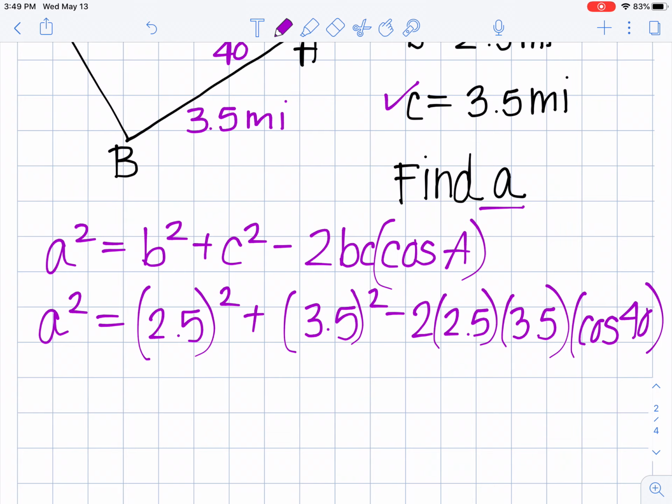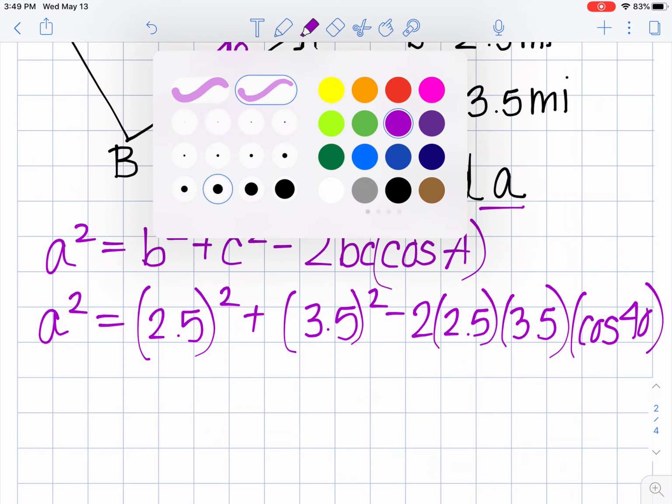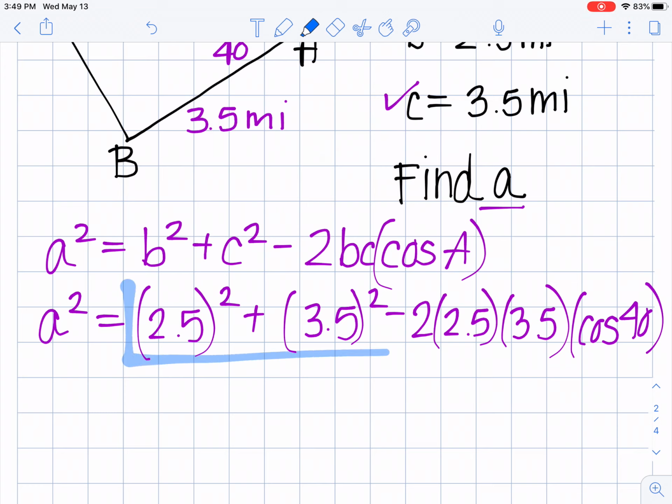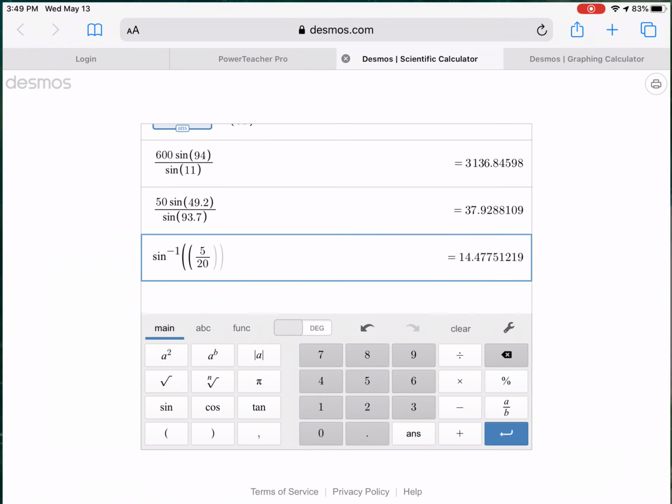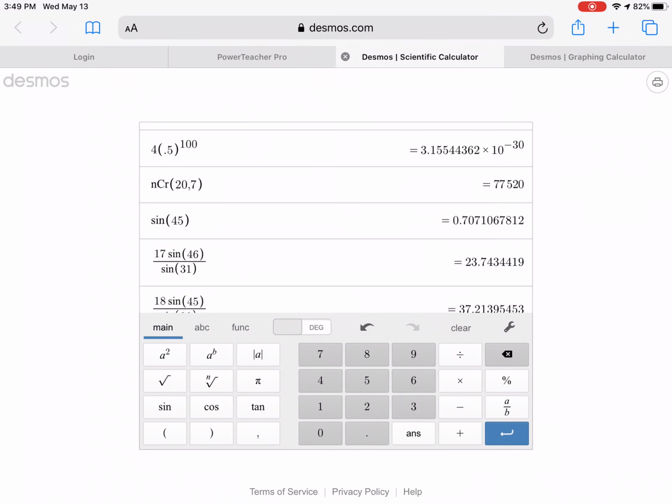Now I'm going to take this whole thing and plug it into my calculator in one swoop. I open up my calculator on Desmos, and this is the easiest way to do it.